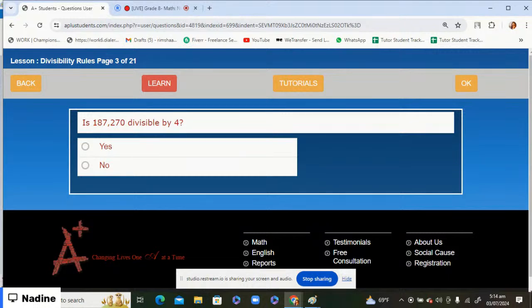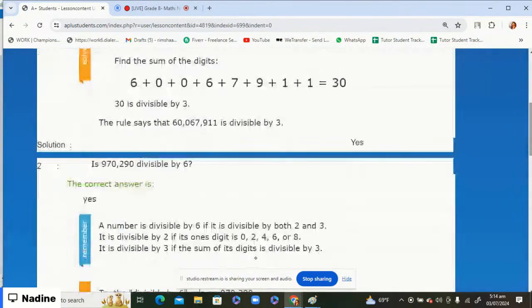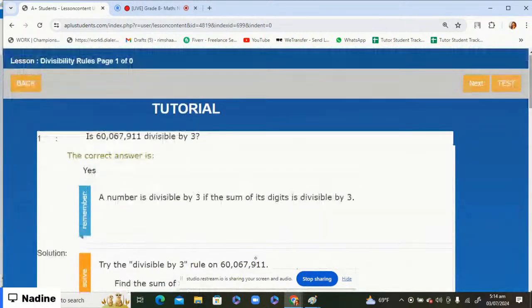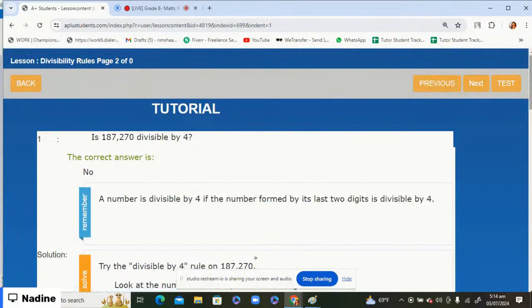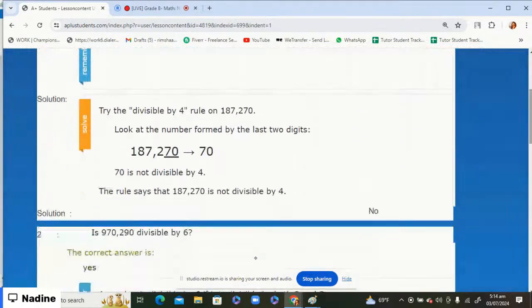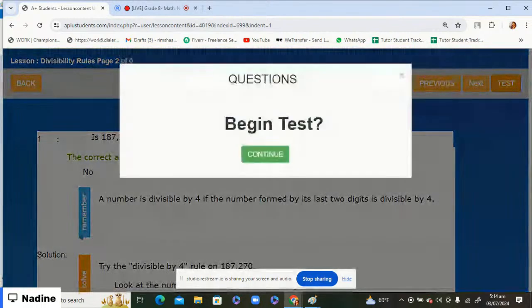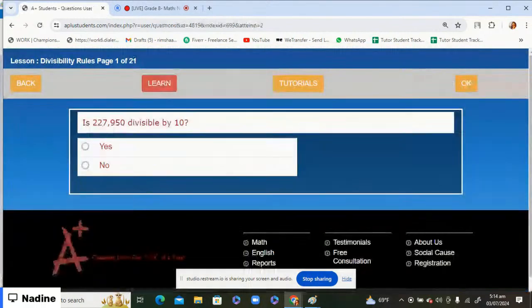Okay. So for example, look at this one. I'm just going to put the next. 187,270 is divided by 4. So both the numbers are divisible, then we can see that there is a possibility of dividing. Okay. Let's do it. So yes, this answer is already done.